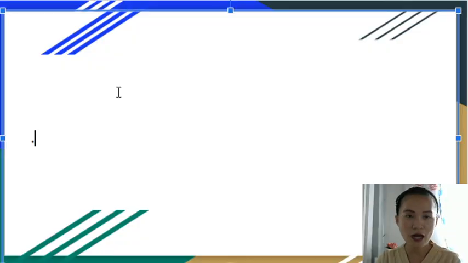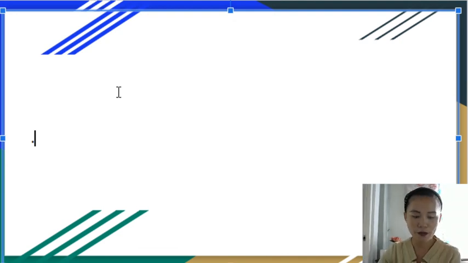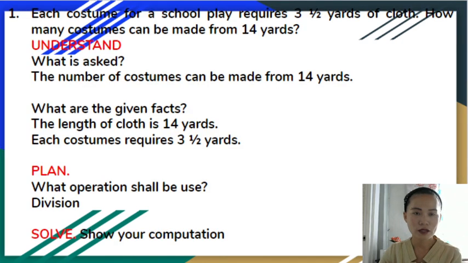Okay, so we have, what is the word problem na? Let's see, balikan natin. Okay, so 14 yards. So, since the whole number is already given, ilalagay natin ito sa bandang kaliwa. 14 divided by 3.5.